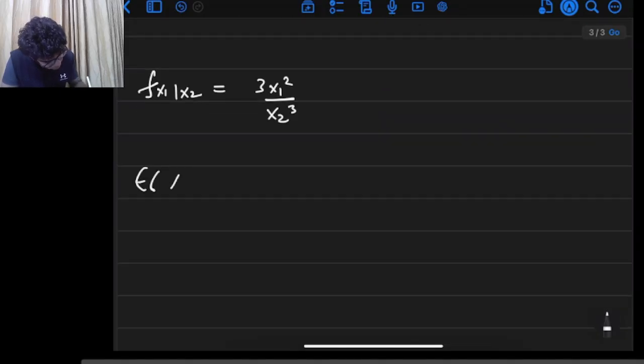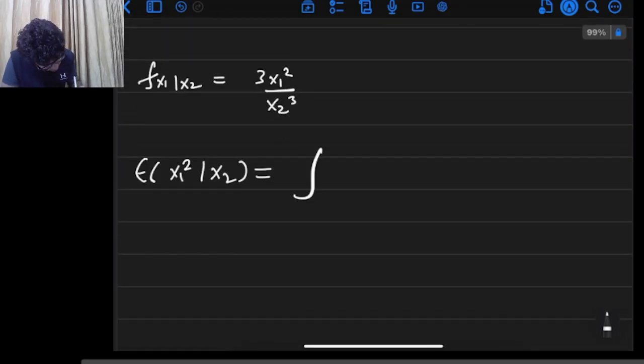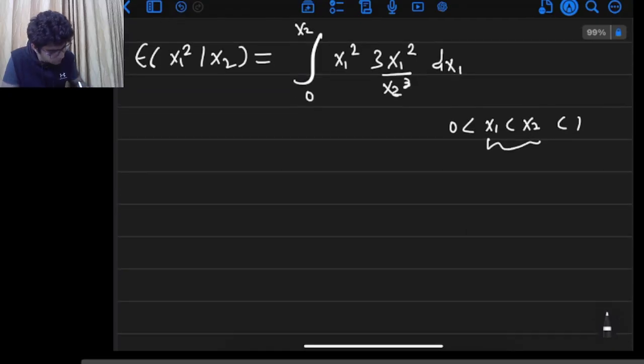So this gives me the expected value of x1 square conditional on x2, which is the integral of x1 square times 3 x1 square divided by x2 cube dx1. We know that x1 and x2 both lie between 0 and 1, and that x1 is always less than x2, so my limits will be 0 to x2.